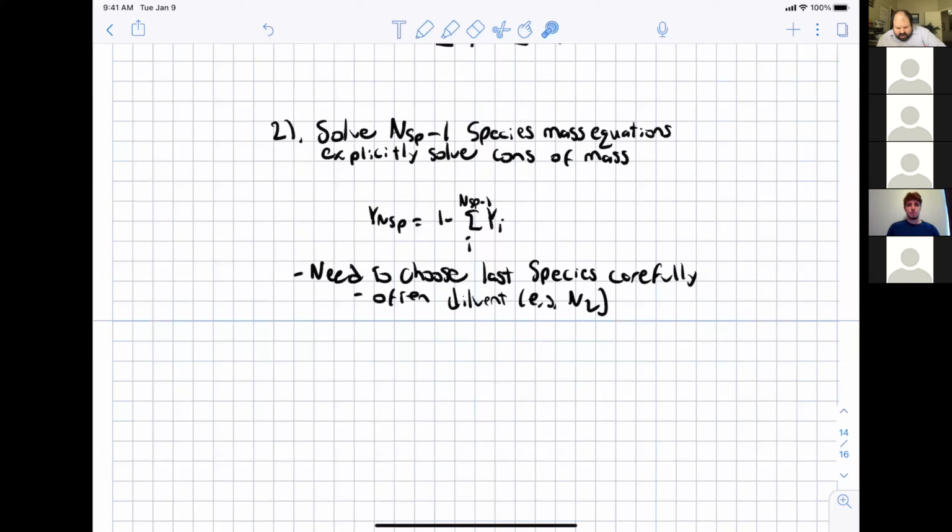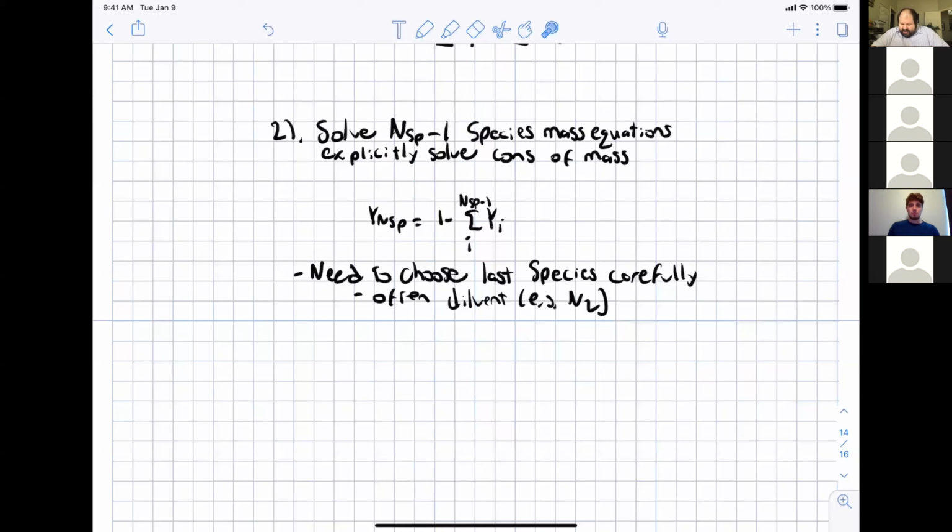You run into severe numerical issues if you were to pick this last species to be an intermediate, where the highest mass fraction is, say, 10 to the minus 5, and it comes and goes in the course of the reaction event. If you choose that as your last species, that tends to cause a lot of severe numerical problems.